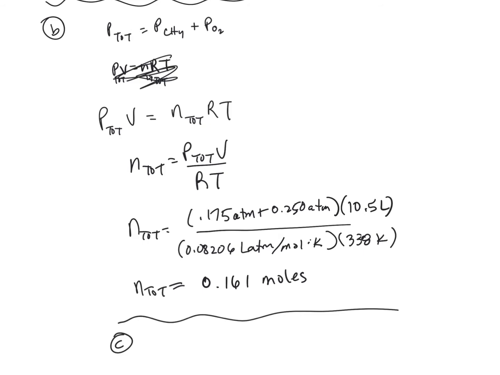So you could take each pressure and do this calculation, and like the first one is for the methane, right? So then you could take 0.175 and just cross this out and recalculate the whole thing, and that would be the moles of the methane. And then to get the moles of the oxygen, just leave that one out and use that to calculate the moles of methane. And there's another way to do it too.